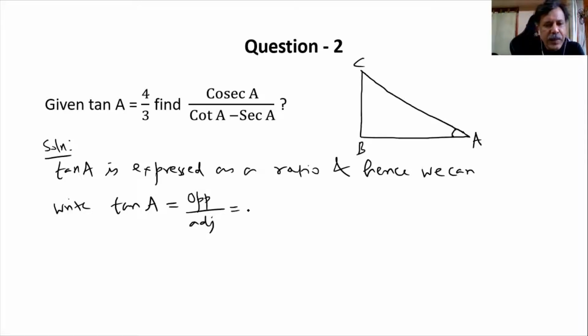And since it is expressed in the form of a ratio 4 by 3, in general I can consider it as 4x by 3x. Any x which is getting multiplied, because it need not be exactly the same size.